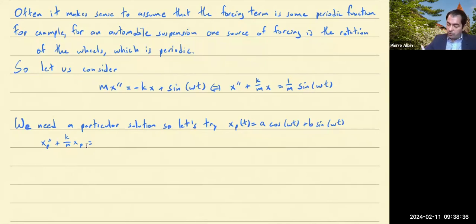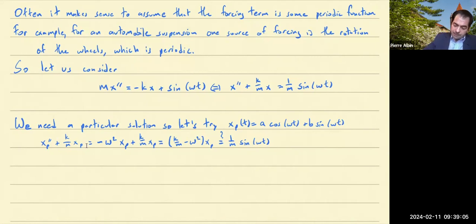So taking two derivatives of x_p just gives us minus omega squared times x_p. And then we have plus k over m x_p. So that's k over m minus omega squared times x_p, and we want this to be equal to 1 over m sine of omega t.